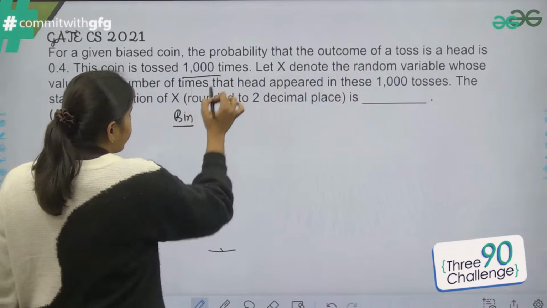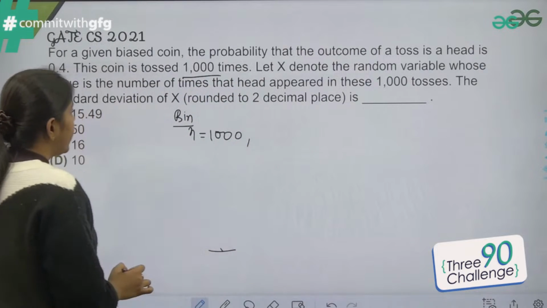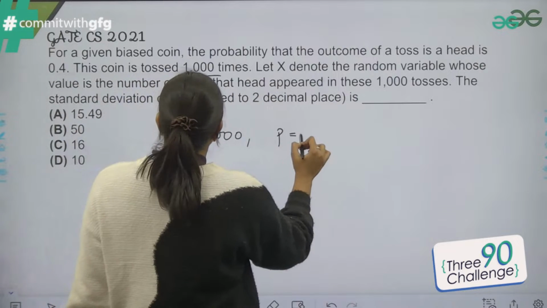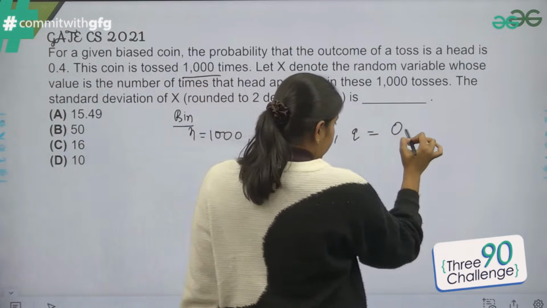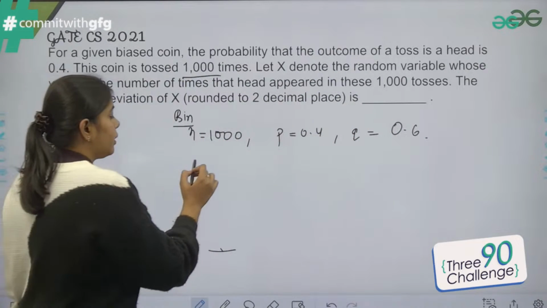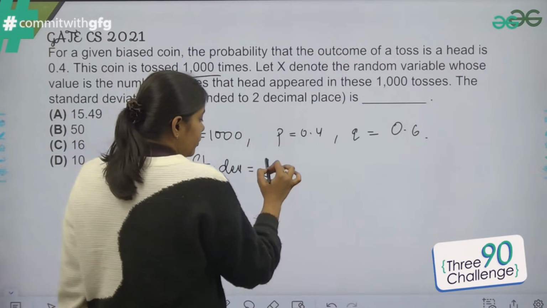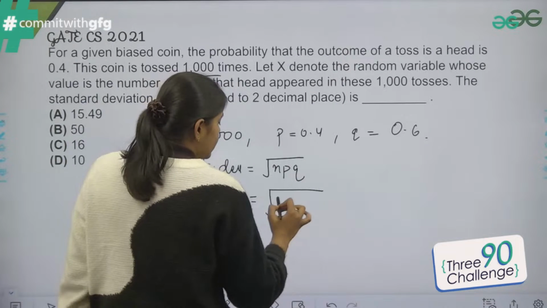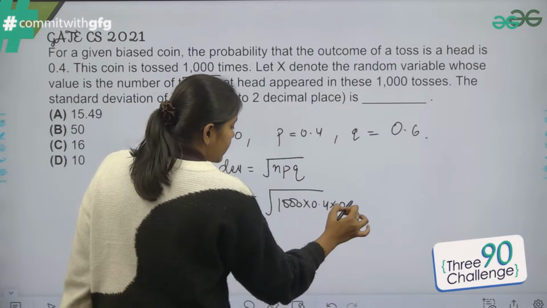In this I have n equal to 1000, and because it is a biased coin, the probability of getting a head p is 0.4, and q, the probability of not getting a head, is 0.6. They are asking for the standard deviation. If you remember, the standard deviation formula for the binomial distribution is the square root of n into p into q. n is 1000, p is 0.4 and q is 0.6.